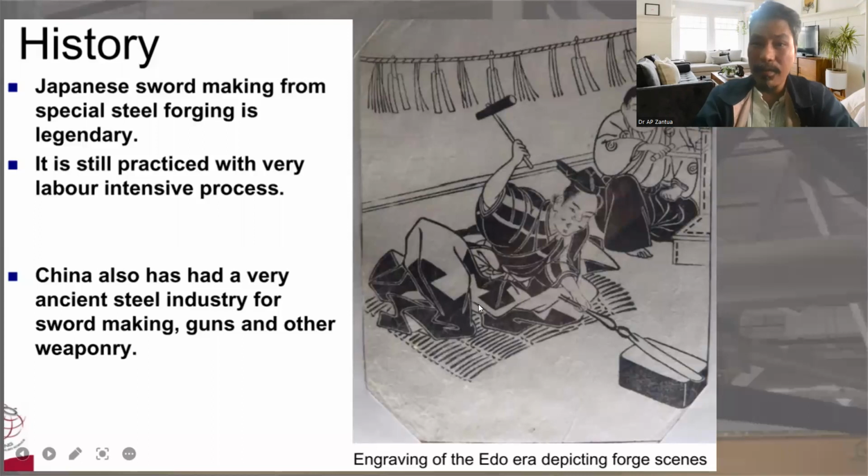That's why they developed better quality, so that during war they had the advantage.